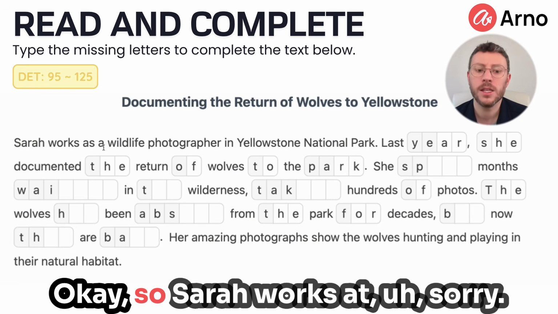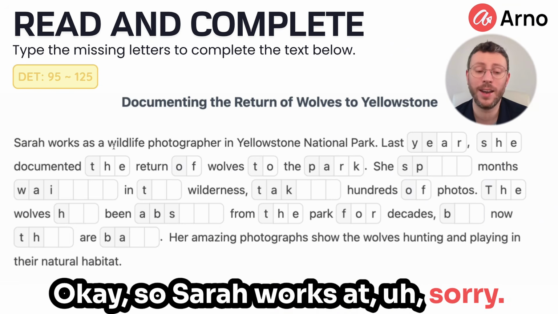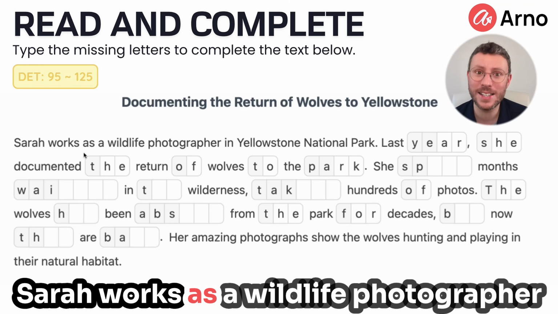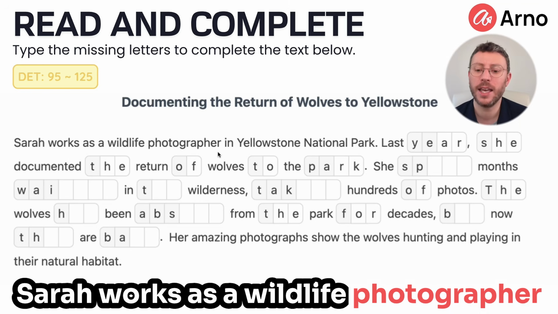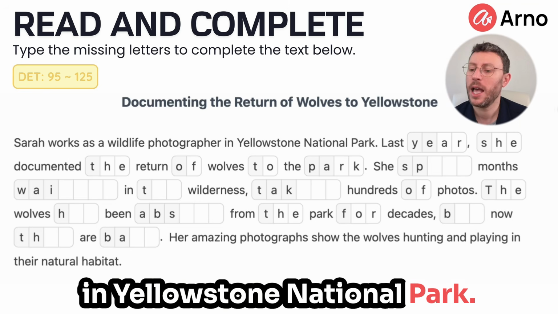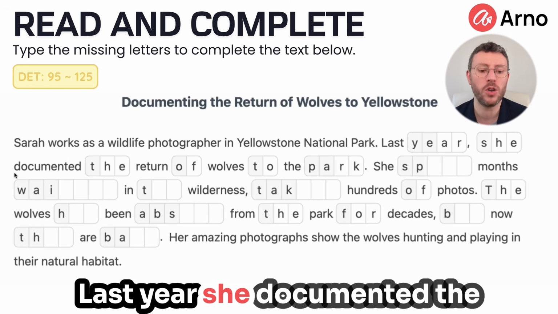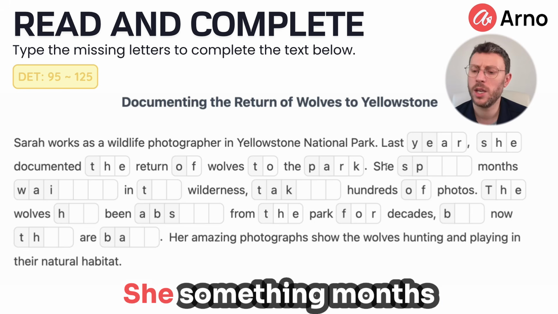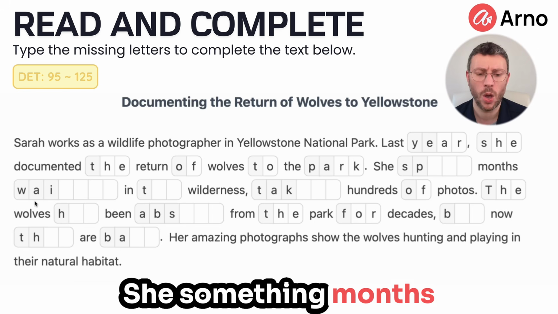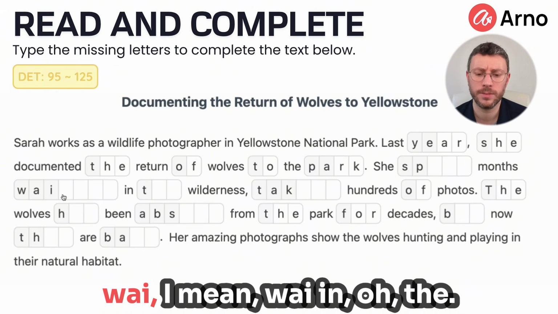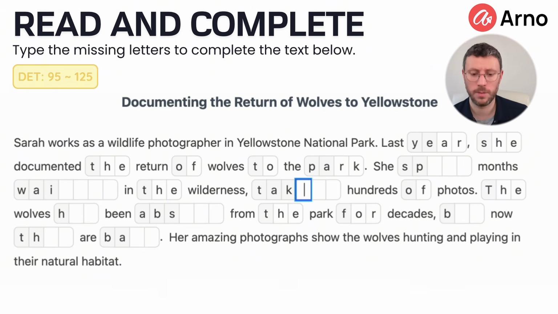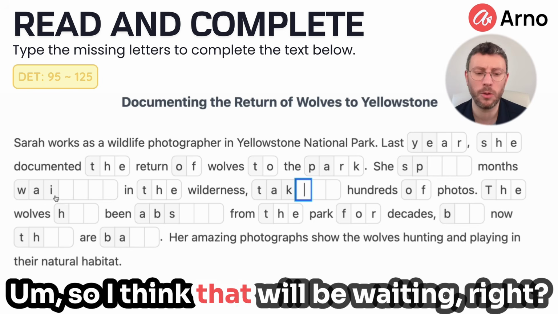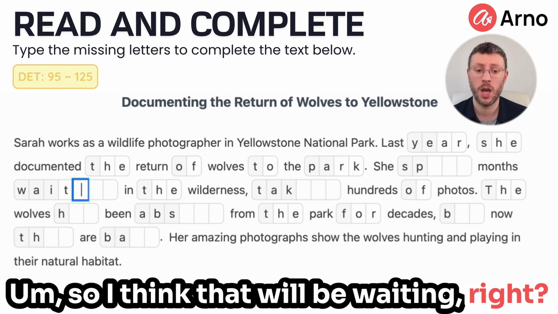Okay, so Sarah works as a wildlife photographer in Yellowstone National Park. Last year, she documented the return of wolves to the park. She something months way in, the. So I think that will be waiting, right?